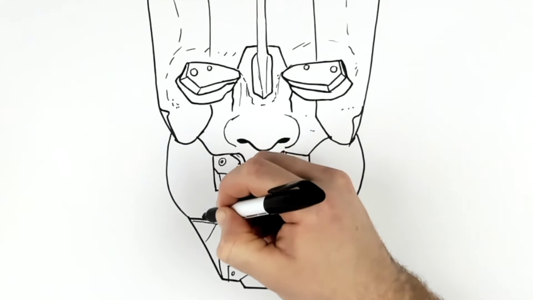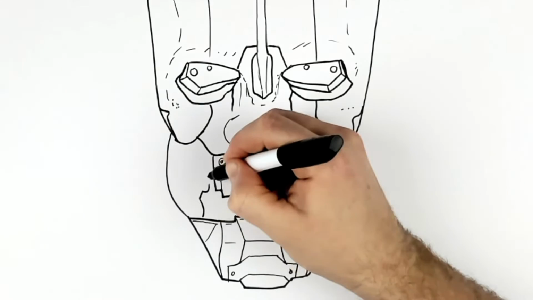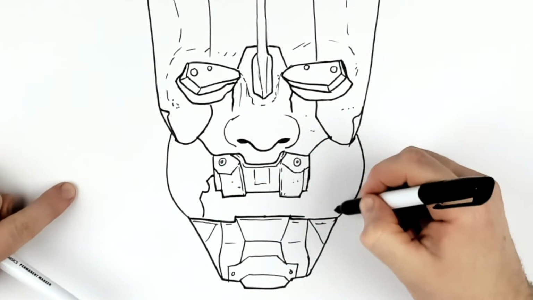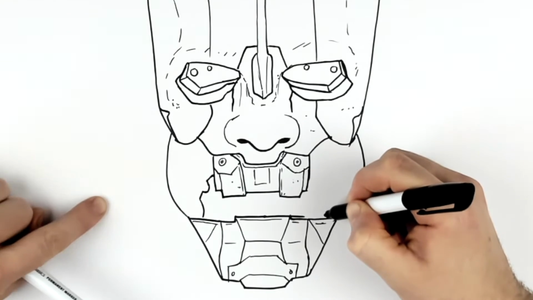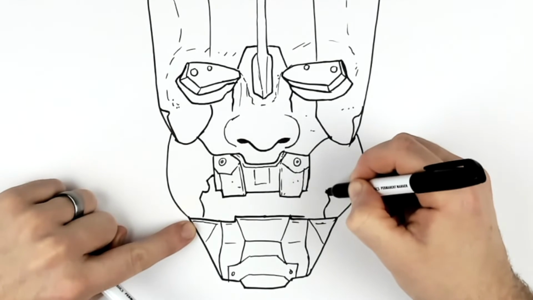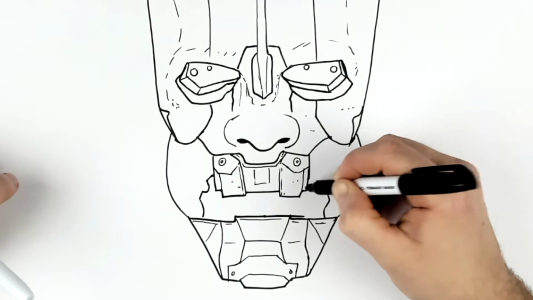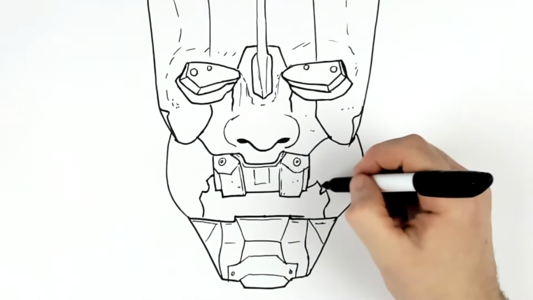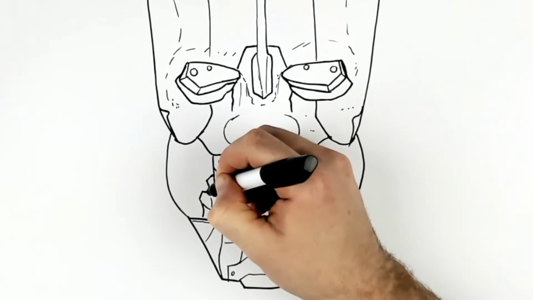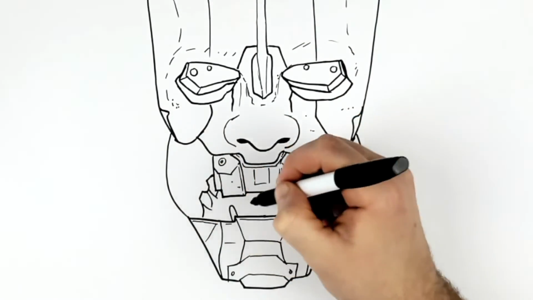So coming up from the side of his mouth, we've got like little pipes that go into his face in these areas, right? We'll do the same on this side. So we're just copying one side and the other. Kind of like that. Little edge lines on them. Some more stuff here.